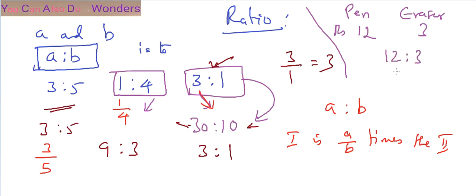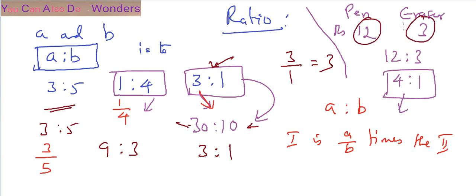If simplified, because both are divisible by 3, we get 4 is to 1. So as I said, the first quantity is 4 times the second quantity. That's what it means. The first quantity is the pen. The cost of the pen is 4 times the cost of the eraser. So that's why we get the ratio 4 is to 1.